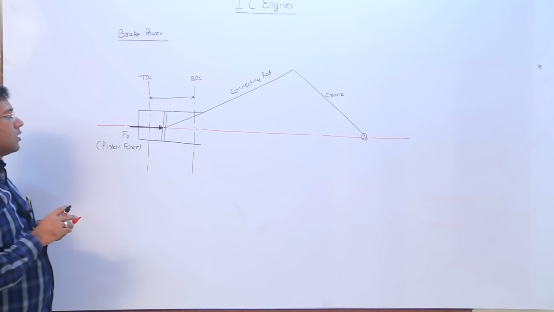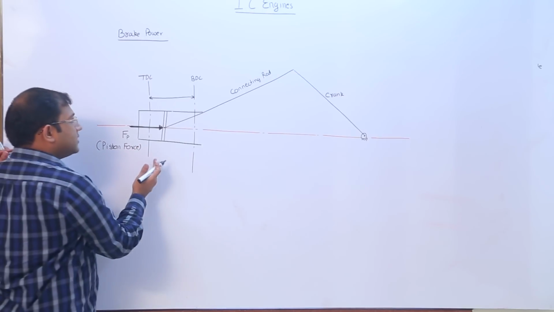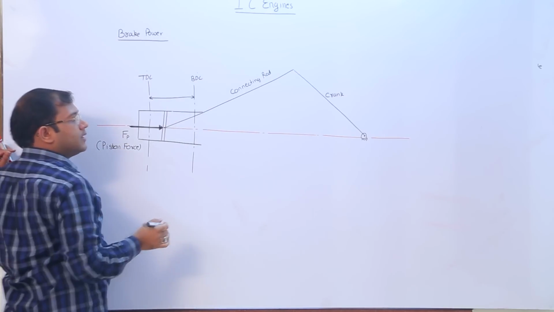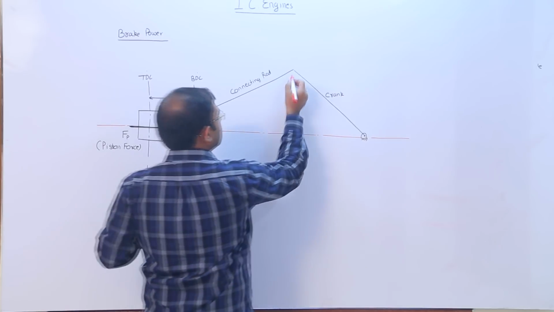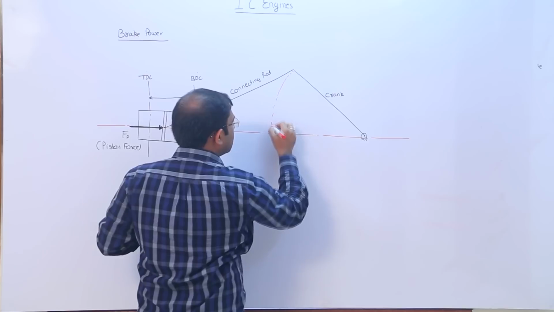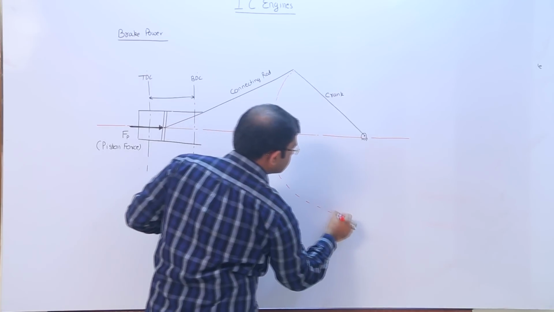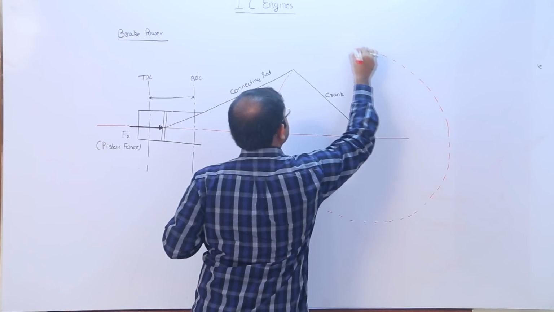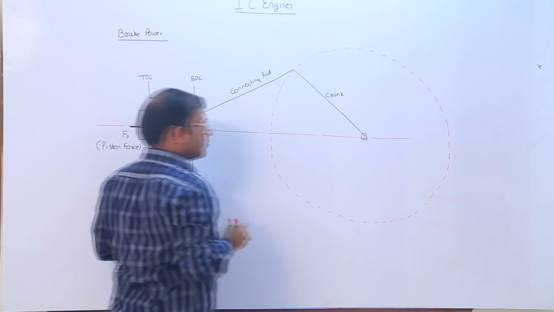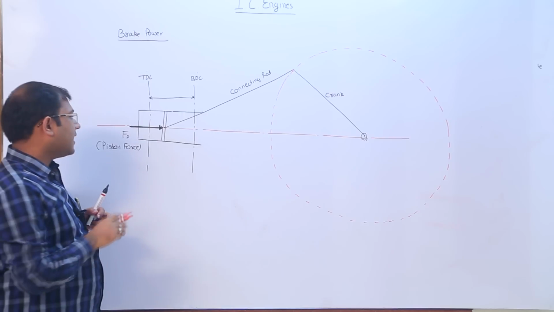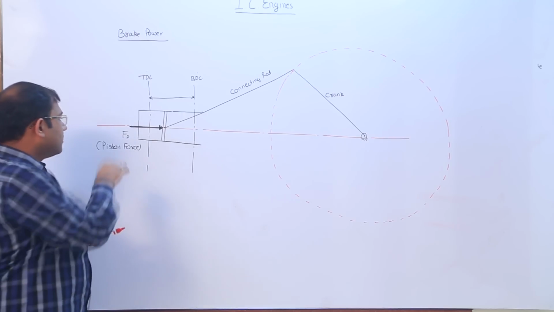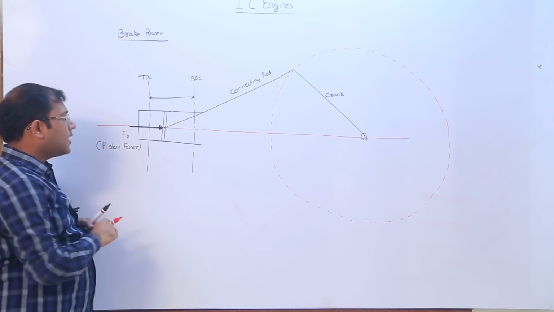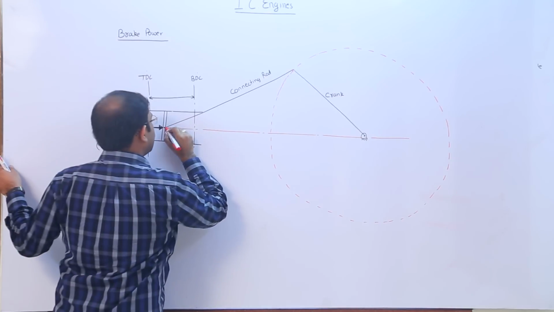Now see students, when the piston is reciprocating from top dead center to bottom dead center, your crank will rotate in this direction. Fine. And see, one component of piston force will act in the direction of connecting rod.